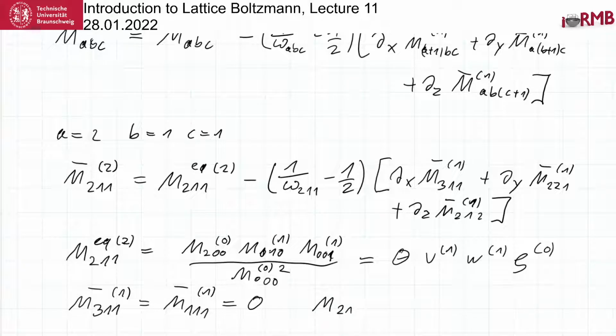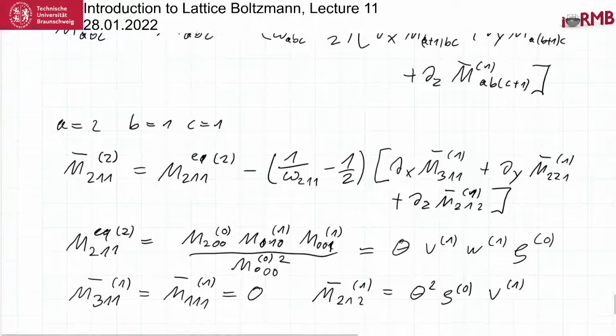Then we have M212 to first order. This would be theta squared rho to 0 order times v to first order.